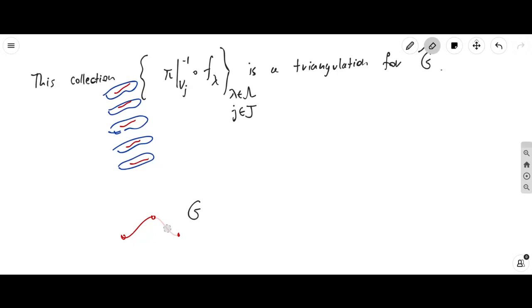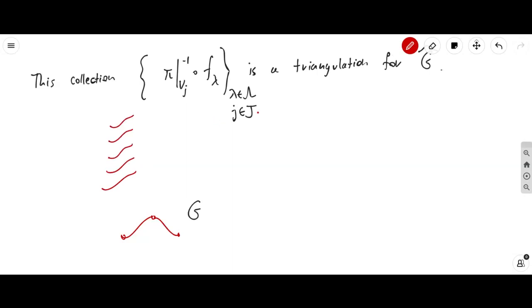So if they overlap, if you were to lift this edge, and you were to lift this edge, you lift one of them, you get this one, and when you lift this one, they have to intersect at the common endpoint. And the reason for this is because if they intersect in the cover, then their projection will intersect in the base space.